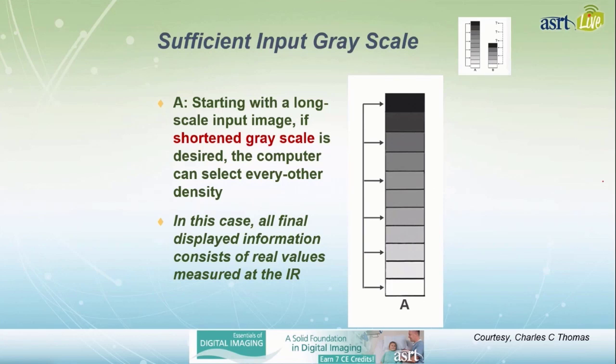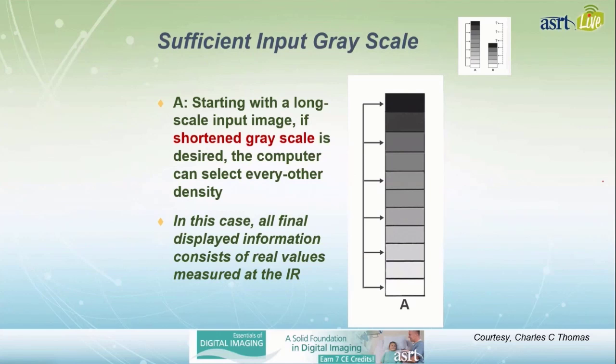To the contrary of the idea that we have to have a high contrast image going into the computer, we might assert just the opposite, that what we need is sufficient input grayscale. Listen to this rationale. If we start out with a long scale input image and desire to shorten that grayscale, the computer can select every other density in that step wedge, so to speak.